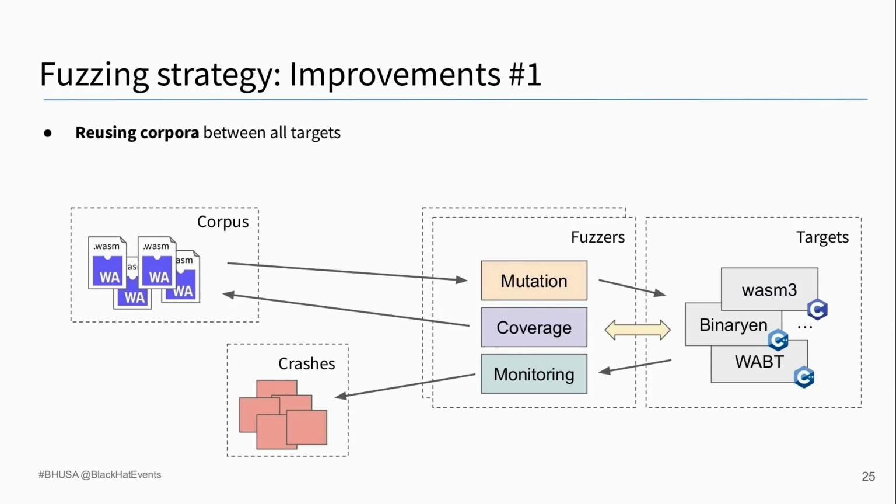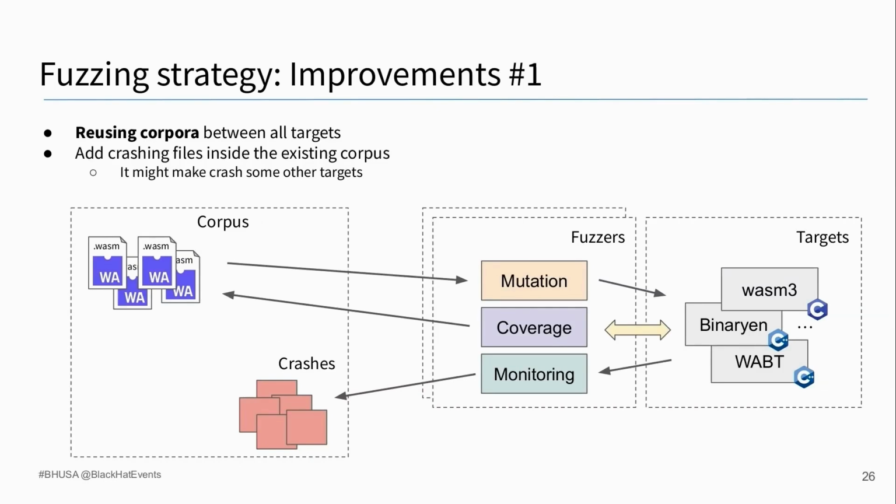That was the first step. The second step was to add all the crashes I found on one sample directly into the global corpora I was using. Again, the main reason is that it might be a crash for one program, but it could be a really interesting sample for another one. So there is no reason not to do that.